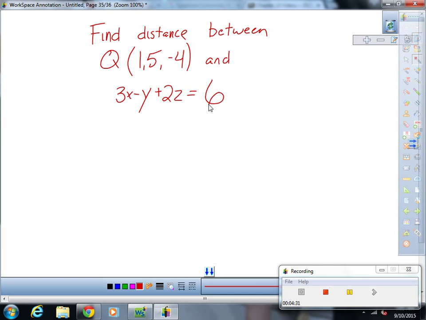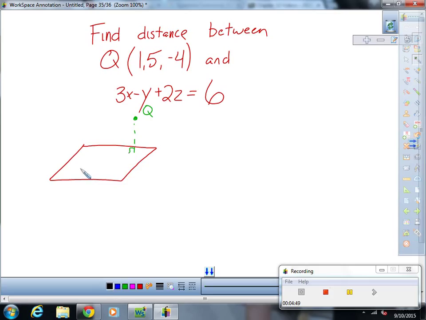Okay, it doesn't hurt to just sketch this randomly. So here's our plane, and here's our point Q, just redrawing the same picture. That's what we're looking for. Remember, we measure that as a perpendicular.